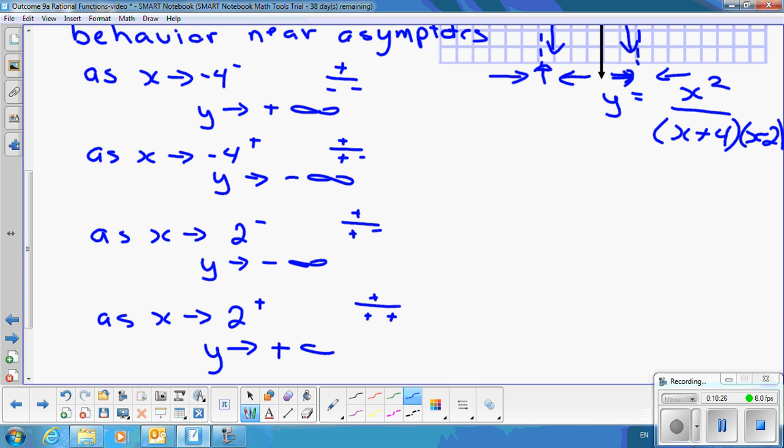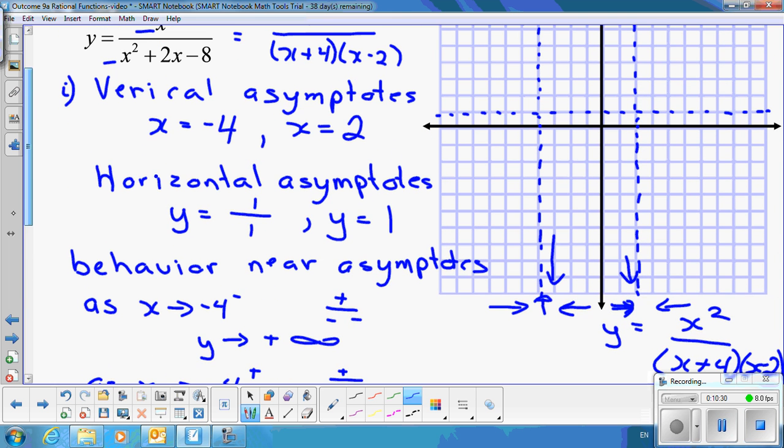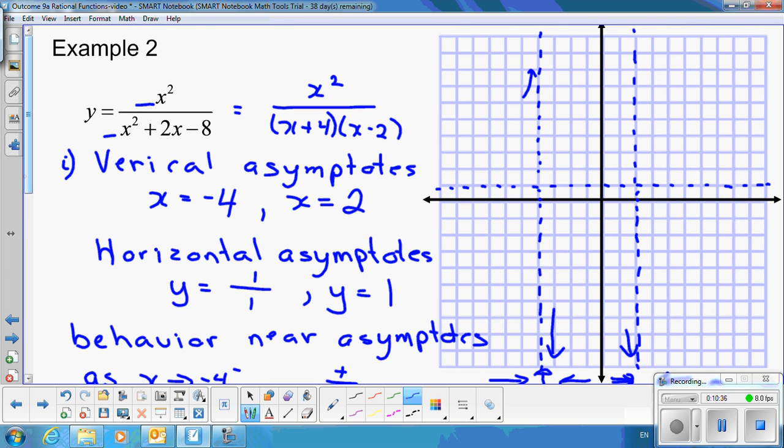So y is going to approach positive infinity. So back up on our graph, as we come close to this asymptote, our y values are going to get bigger and bigger. So we now have 4 branches that we know the position of for our vertical asymptotes.